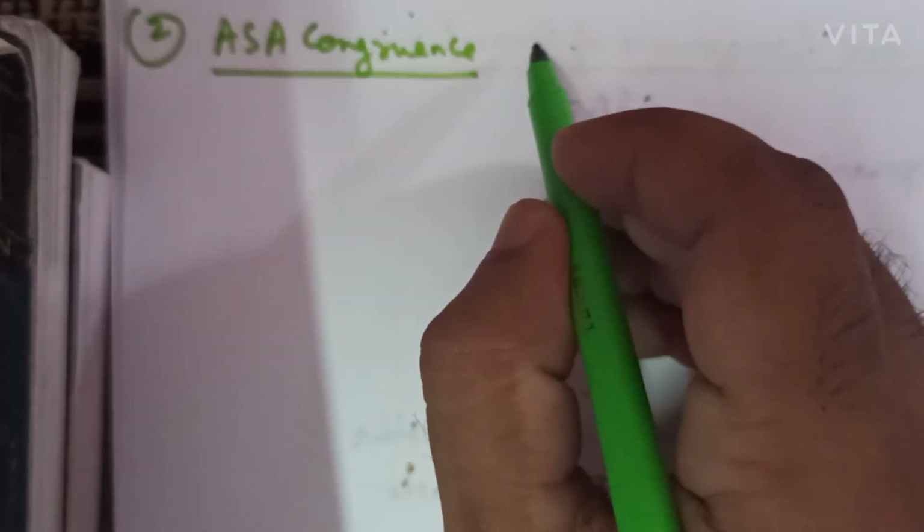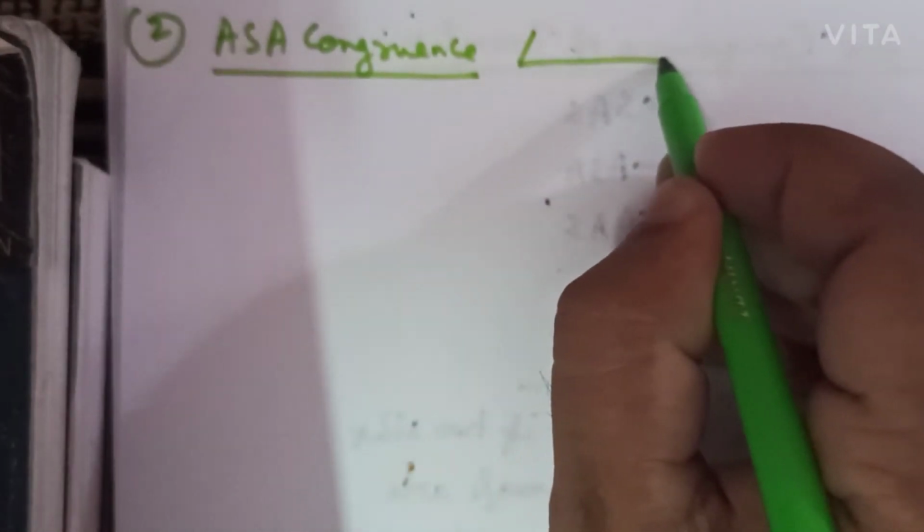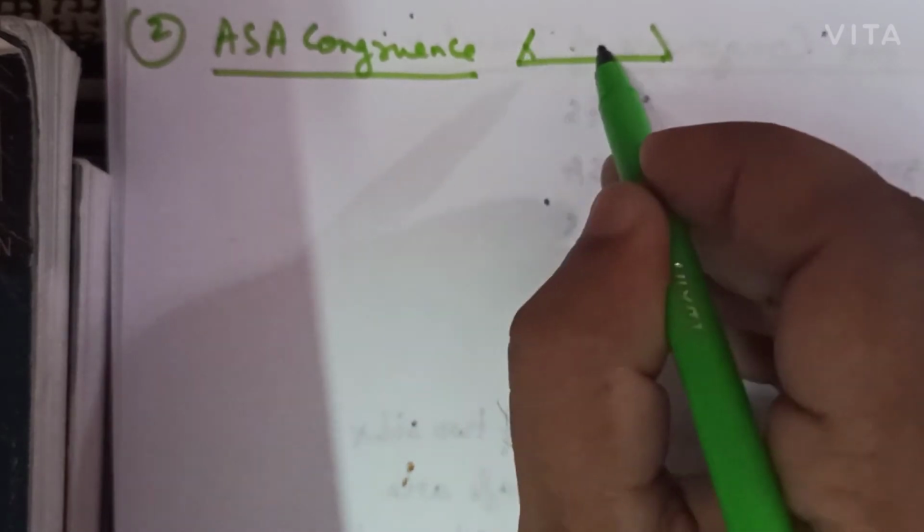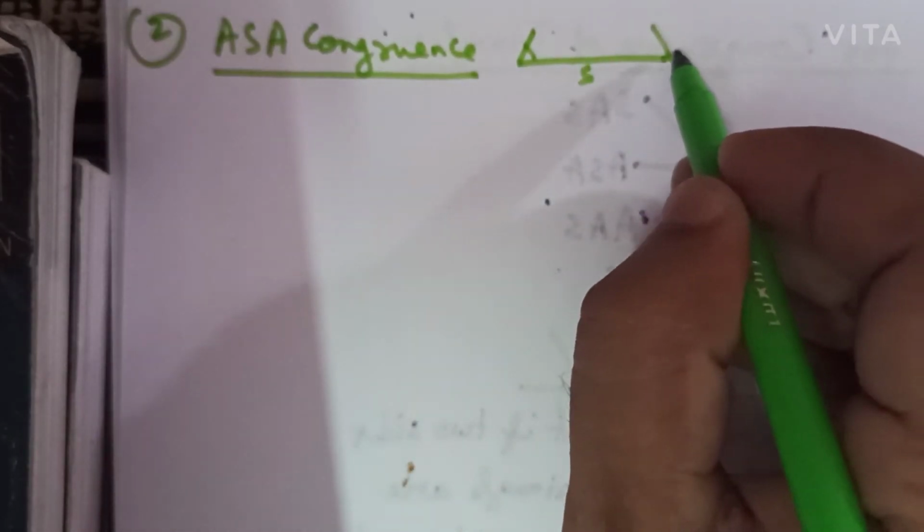Now the next criteria is angle side angle congruence. So angle side angle congruence will be somewhat like this: one angle, then side, then again another angle.